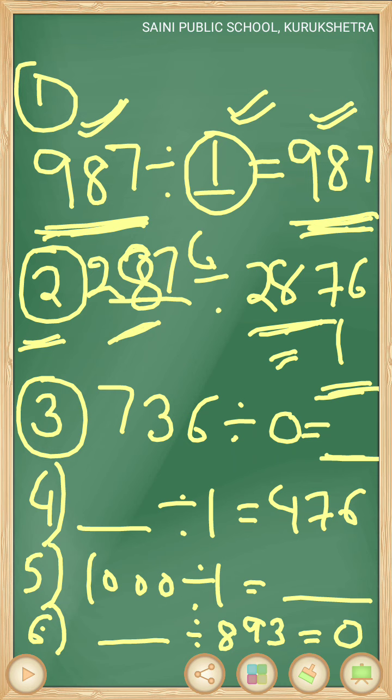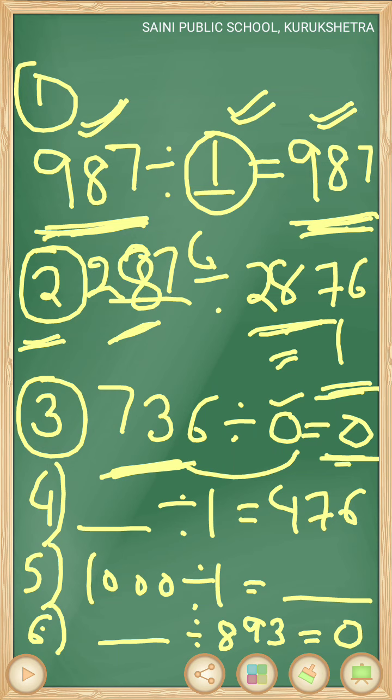Okay. Now third question is 736 divided by 0 is equal to 0. We have already learned when we divide a number by 0, the answer is always 0. It doesn't matter what the number is. If we are dividing a number by 0, then the quotient will always become 0.